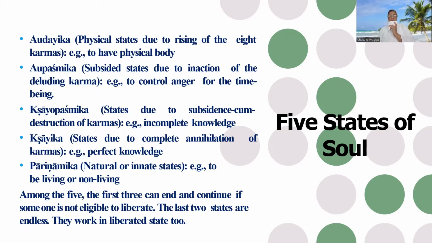It means that because of the rising of karma, living beings get many physical structures or physical qualities, and also some psychological qualities. These physical, psychological or emotional states are because of the rising of different karmas. In that condition, we will see what has been discussed here.